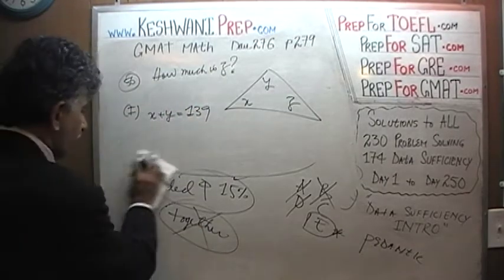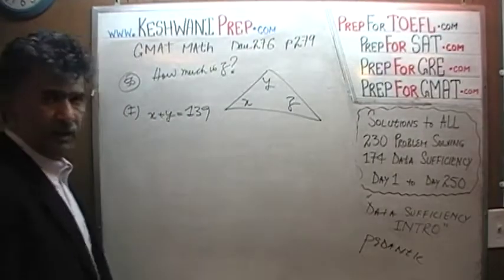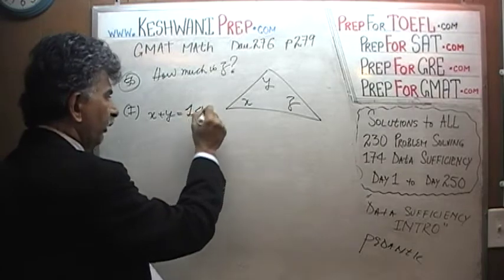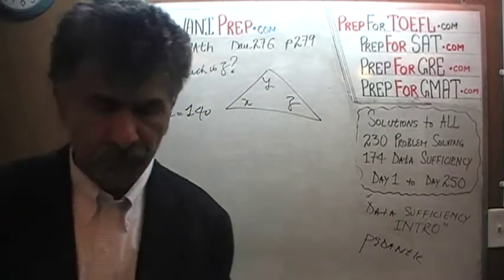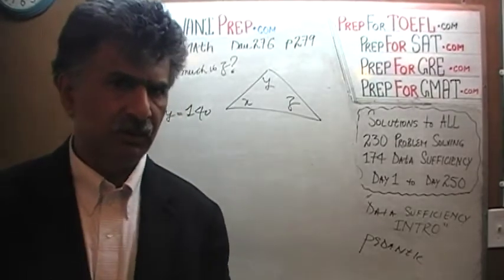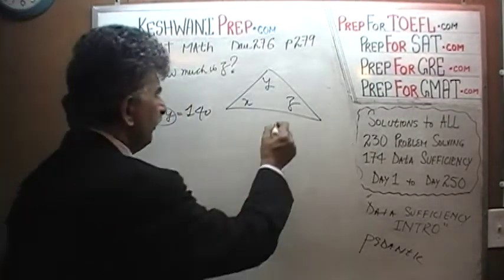If x plus y is equal to 139, this 139 actually plays no role at all. You can change it to any other figure, it's not going to change the essence of the question. The question is, if we know the sum of these two angles, x and y, can you figure out z?